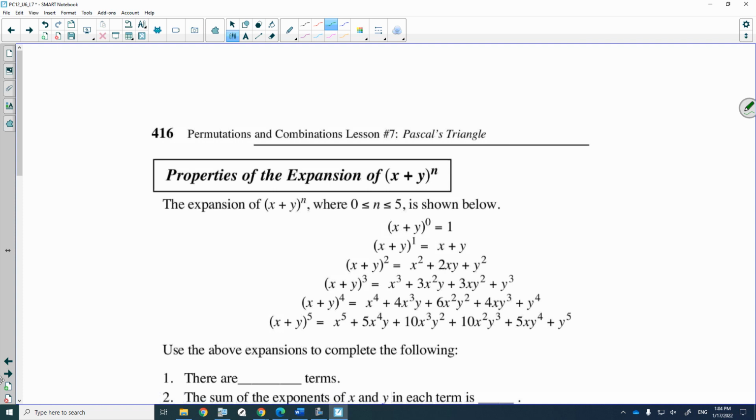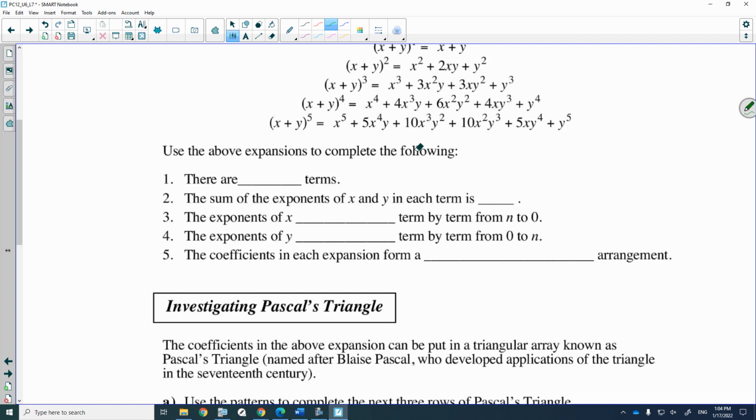Okay, go to the next page, and we're going to now generalize the expansion of x plus y to the power of n. So in the expansion of x plus y to the power of n, if I said how many terms are there, it's that number plus 1.